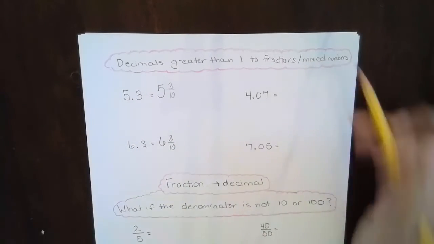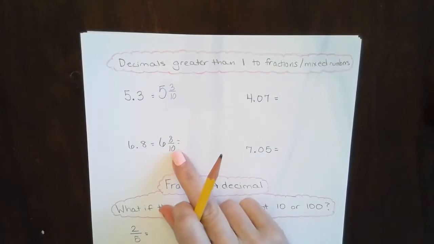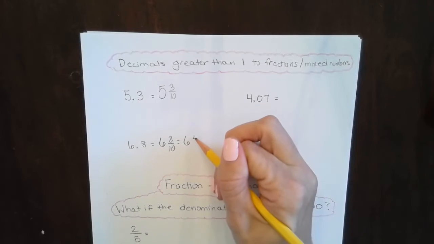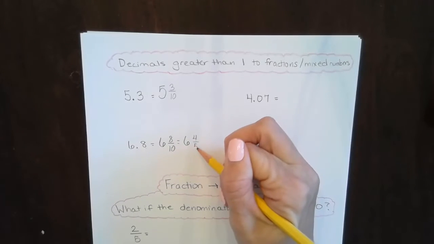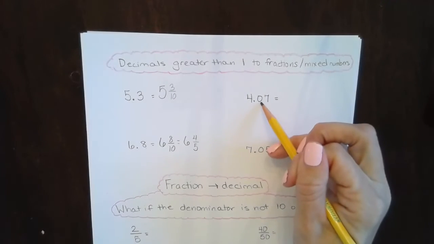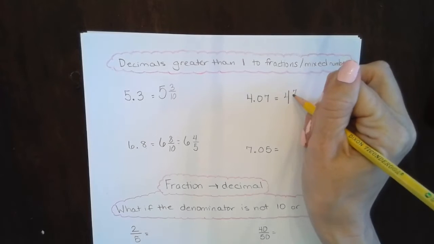Now they didn't say I had to put it into simplest form, but I could. If I simplify 8/10, it's going to become 6 and 4/5. Okay, 4 and 7/100.